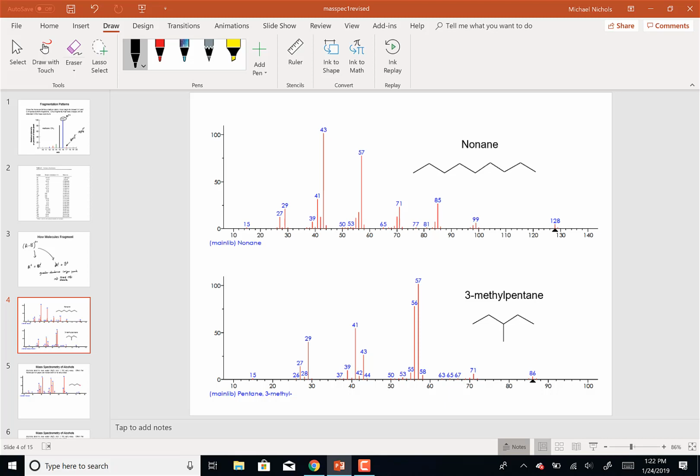That triangle is telling you what the M dot plus peak is. And you can see that it's generally small compared to the fragment peaks. So it's not like methane, where it was the biggest peak. Sometimes it's small, sometimes you can't even see it, which will be the next case. So nonane has a molecular weight equal to 128 atomic mass units.